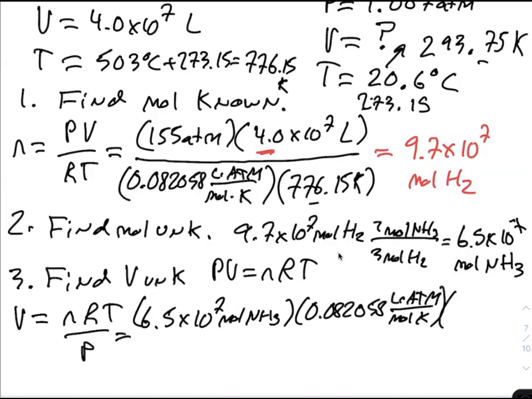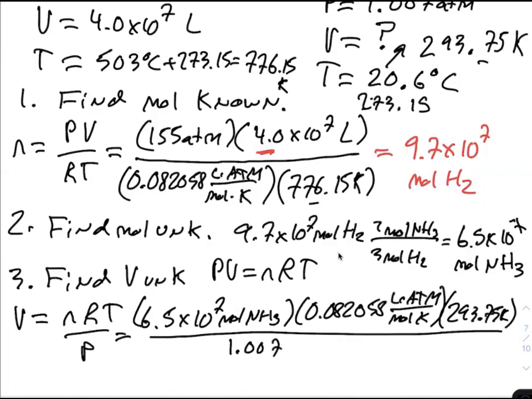The new temperature is now 293.75 Kelvin, divided by the pressure of 1.007 atmospheres. And I get, it's a lot, it's a big volume. The volume is equal to, but only 2 sig figs, 1.6 times 10 to the 9 liters of ammonia.